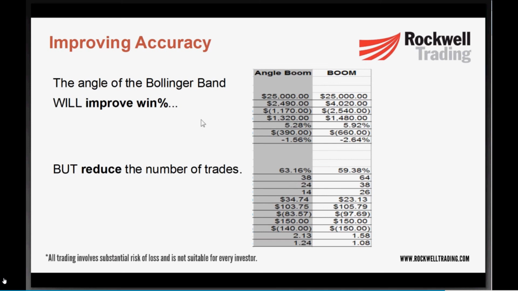So these numbers are in line with what I would expect when we start to incorporate filters. General signal with a boomerang strategy trade, you probably have a winning percentage around 55–60%. Just general signals, taking them. But then when you're incorporating the angle of the slope, you typically see a winning percentage between 55 and 65%.